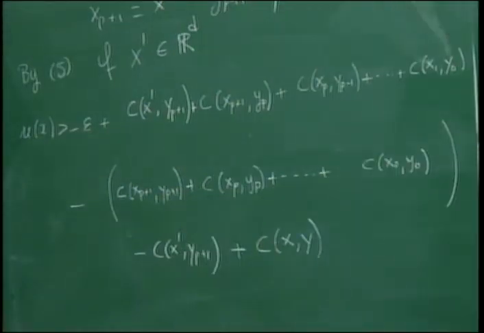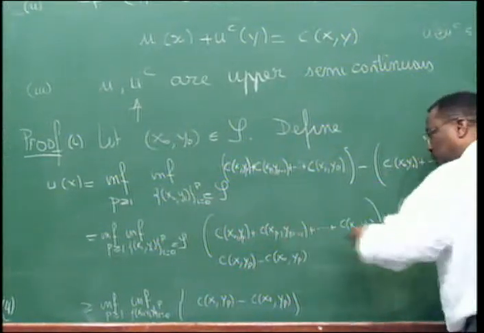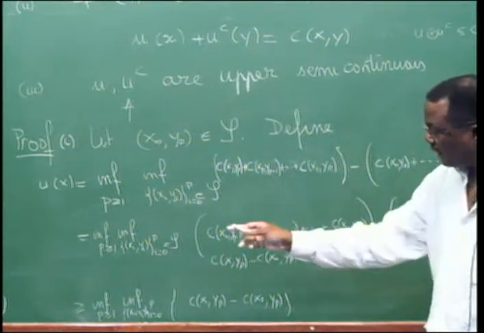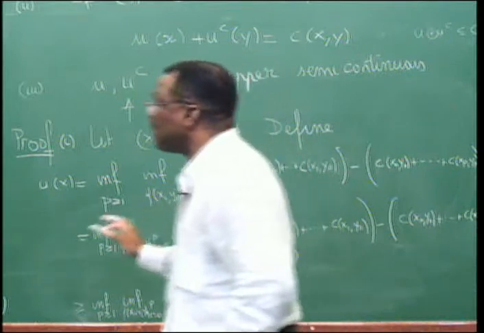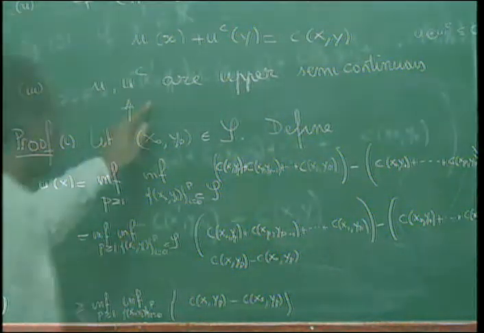Now, you look at the definition of U of S prime. It is the infimum of such an expression where P is arbitrary. Therefore, if I take P plus 1, I have something which is bigger than U of S prime.